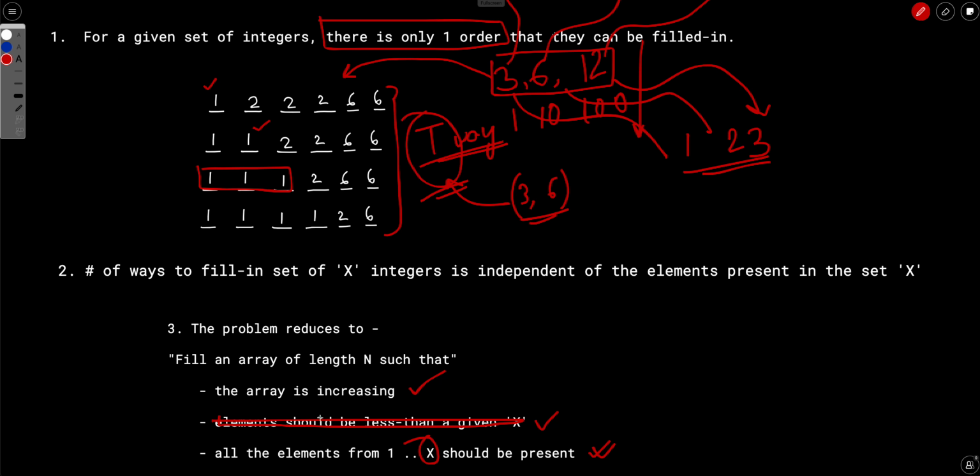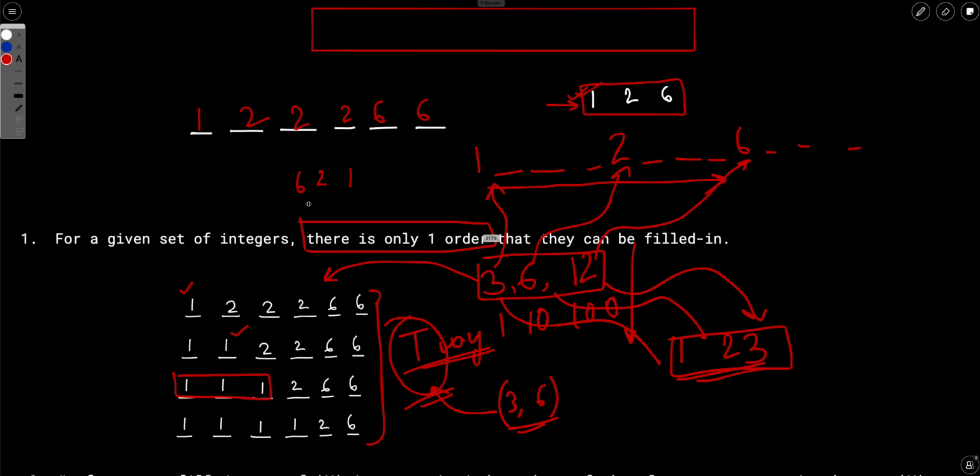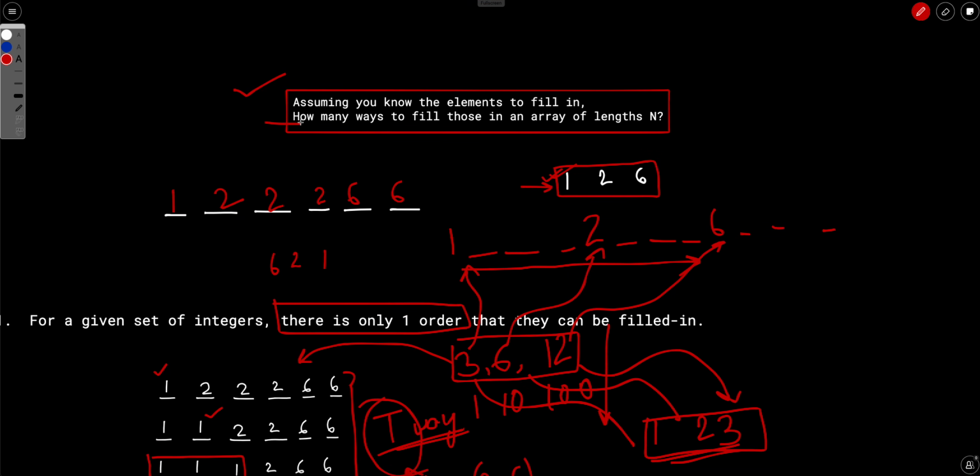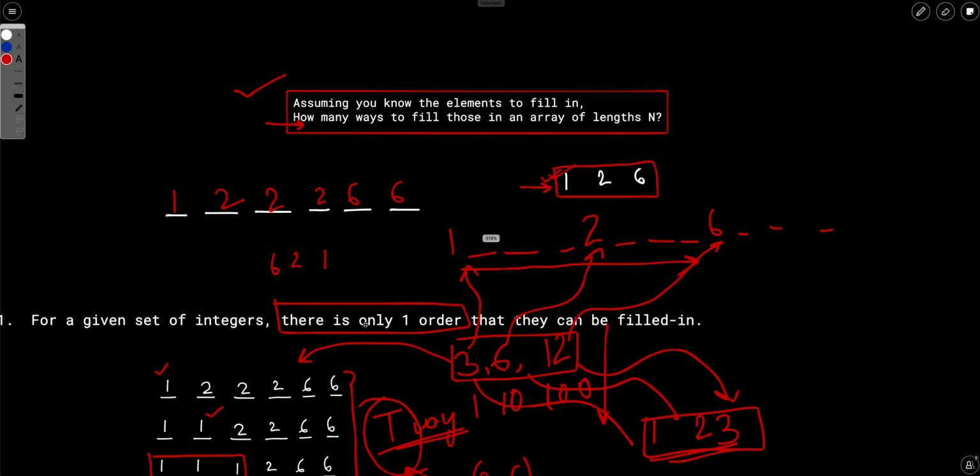Okay, now if we said that, then the array should be increasing and all the elements from 1 to x should be present. Basically 1, 2, 3 should be present. So we need to find out how many ways there are. Remember how we started with the question: how many ways are there to fill in this array of length n.